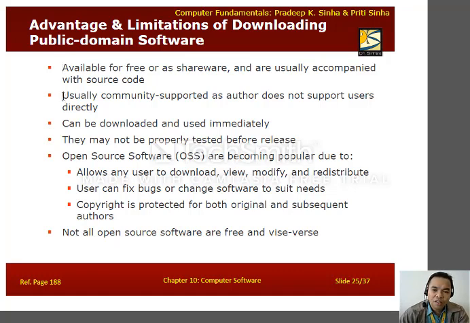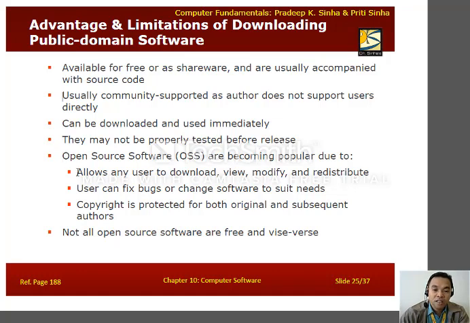But usually there is community support, as authors do not support users directly. And one good thing here is that the software can be downloaded and used immediately. The problem is that the software may not be properly tested before release. We have open source software becoming popular.